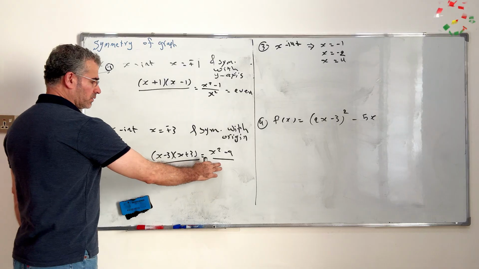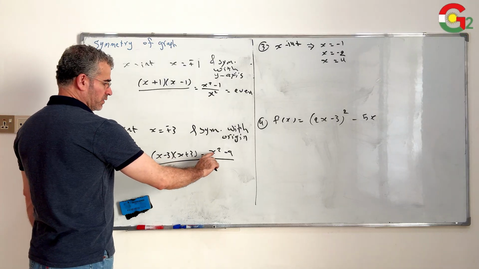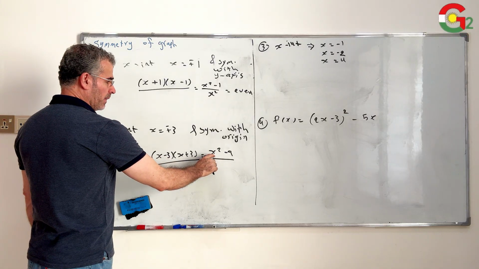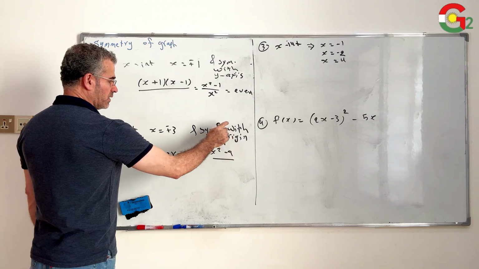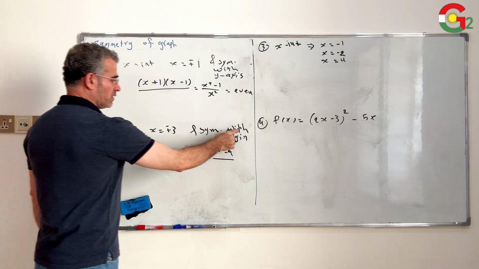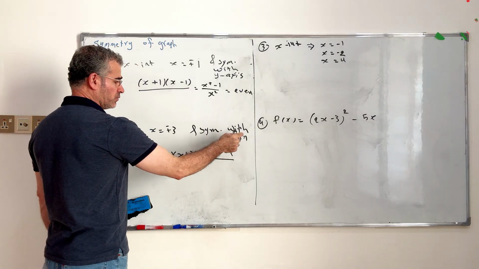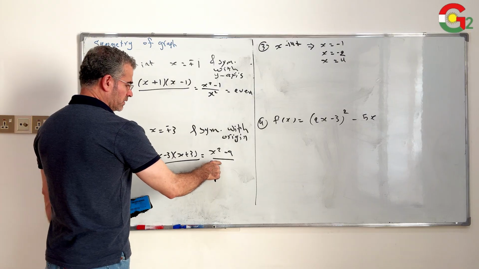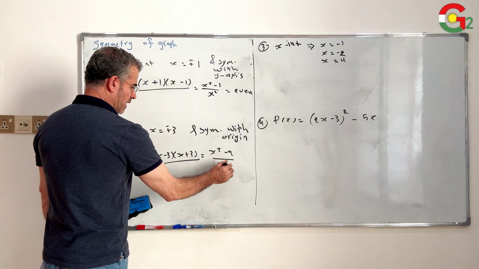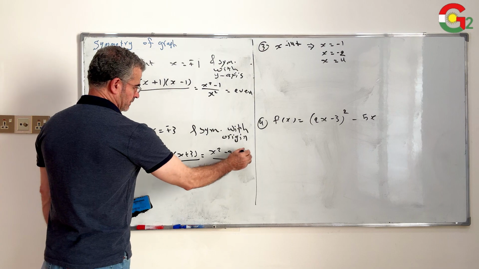The denominator should be an odd function, because the numerator is even minus even, which is even. Since the function here is symmetric with the origin, it should be odd, so I need an odd function here. The odd function I can write is sine x.